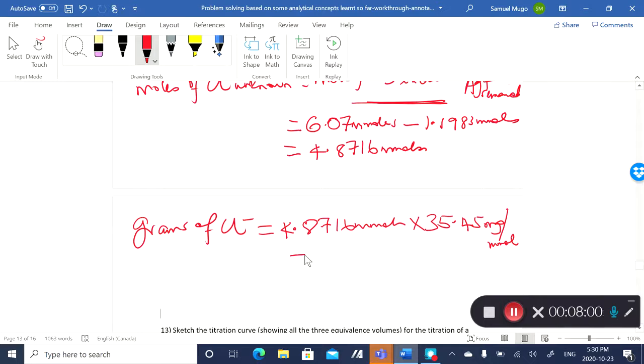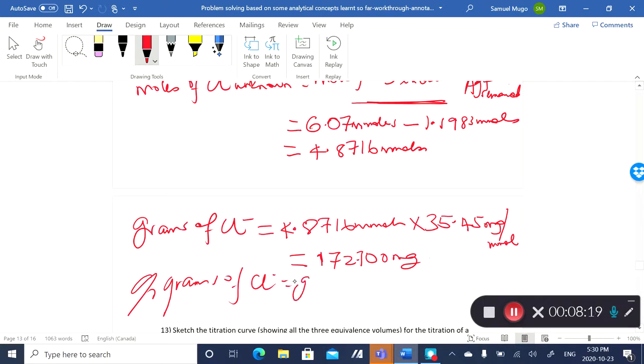When you do that, you're going to get 172.70 milligrams. And then of course after that you can calculate the percent chloride, which is equal to the grams of chloride that we calculated, divided by the total mass of sample, times 100.